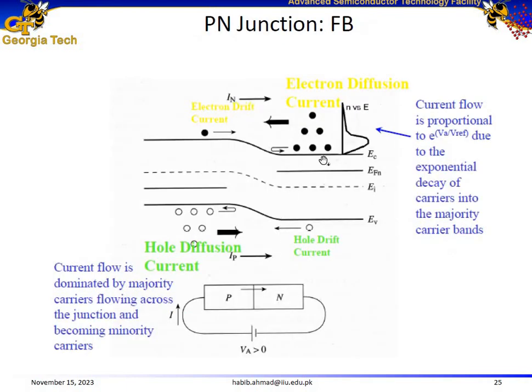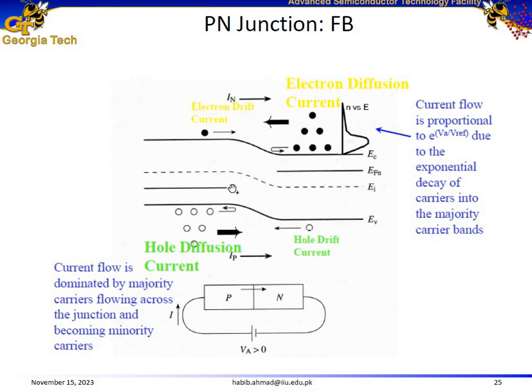But what happens under forward bias? Under forward bias, we apply positive potential to the p-type layer and negative potential to the n-type layer. We also know that whenever we apply positive potential to any side of this energy band diagram, that side is dragged down. So all the energy levels on the p side are dragged down.